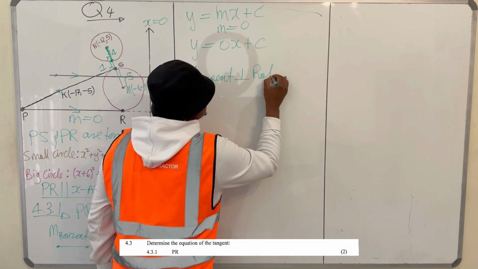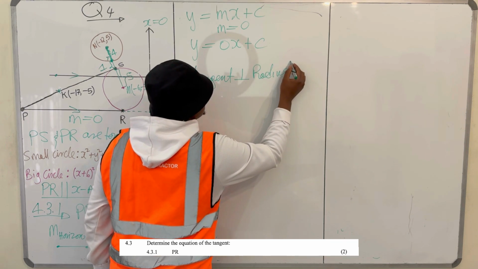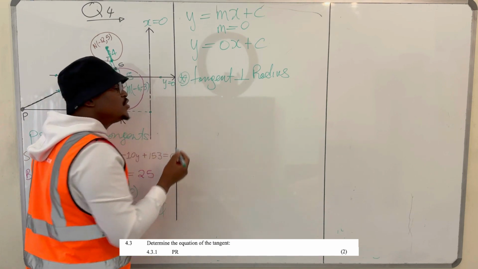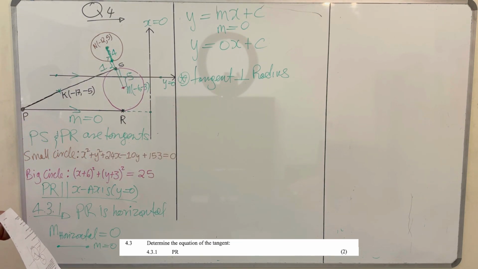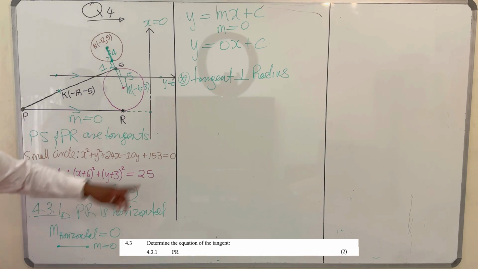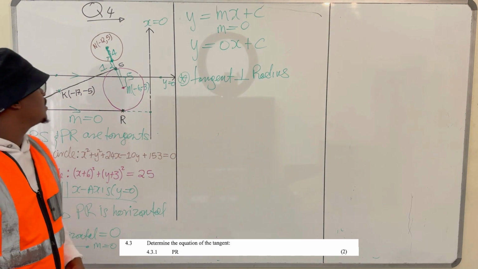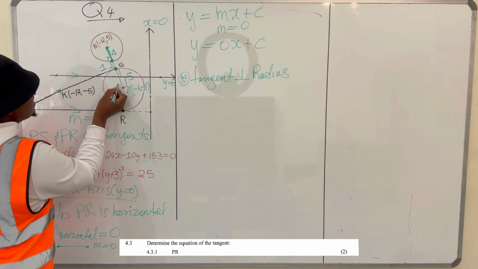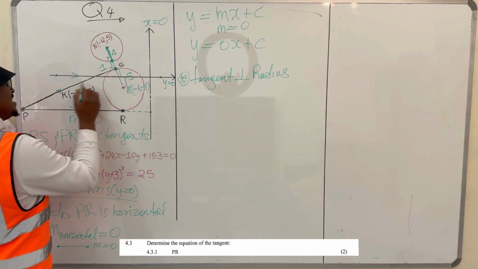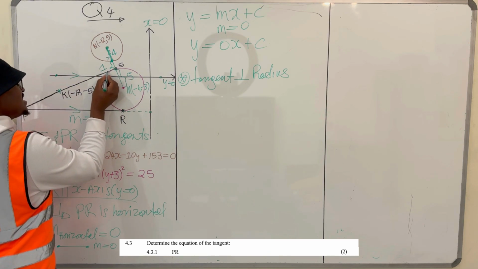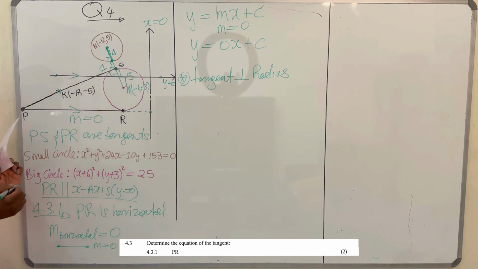To your radius. You know this. Tangents are perpendicular to the radius of a circle. So this is the radius of the circle and PS is a tangent, so this tangent is perpendicular to the radius of the circle.